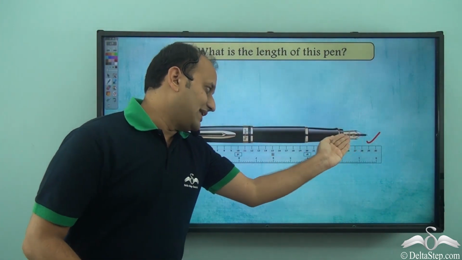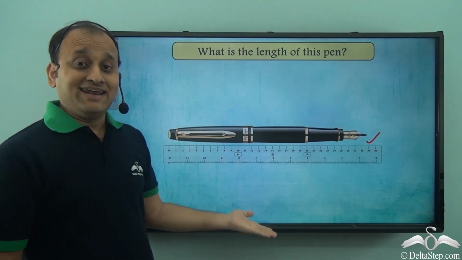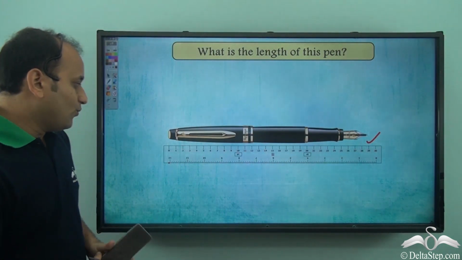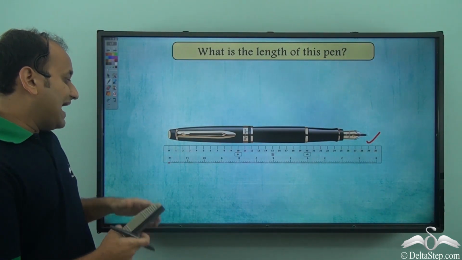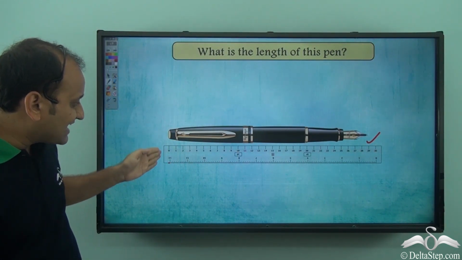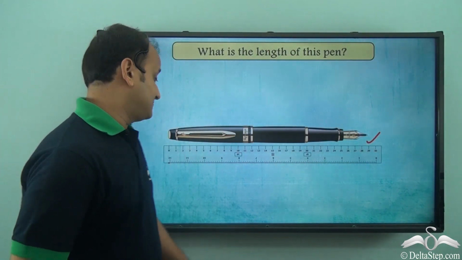So what is the length of this pen? It's 29 centimeters. So what did we do in the case of an irregular object? We made sure that the readings are exactly matching with the ends. We took help of a straight edged object in this case.